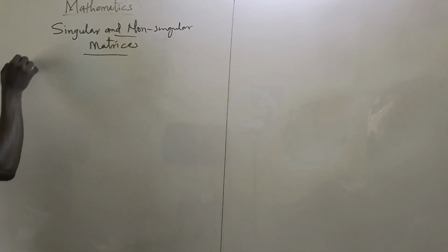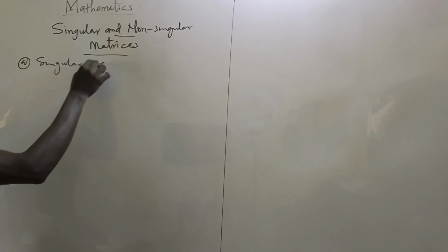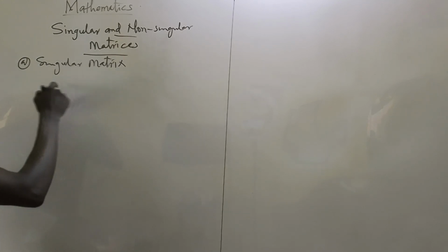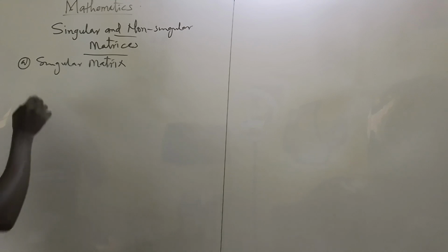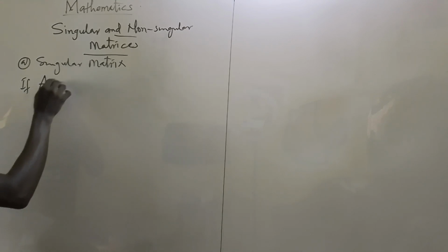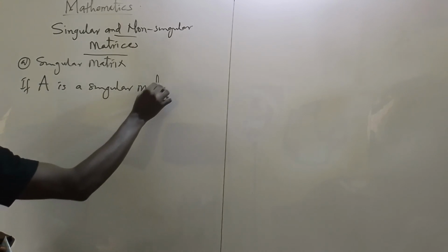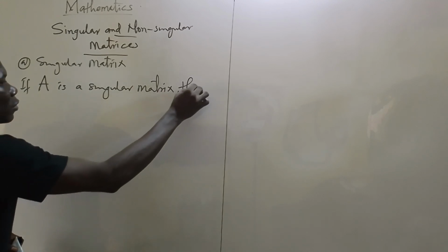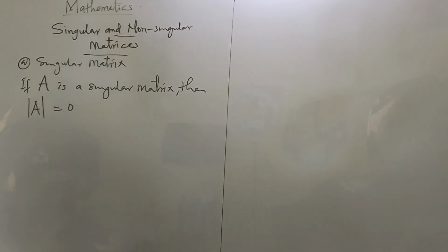Okay, so if the determinant of such a matrix is 0, so if A is a singular matrix, then the determinant of matrix A is equal to 0.